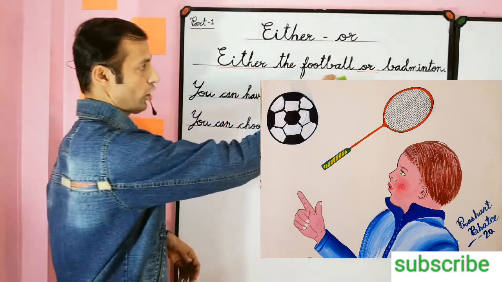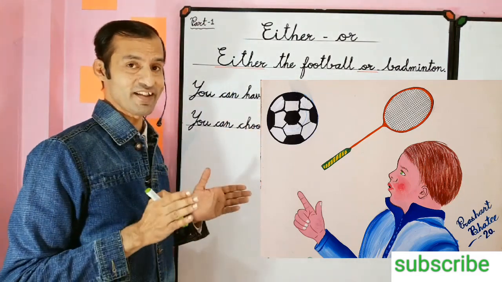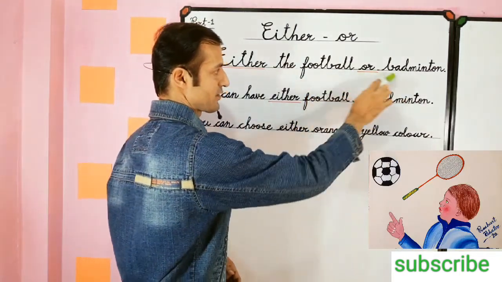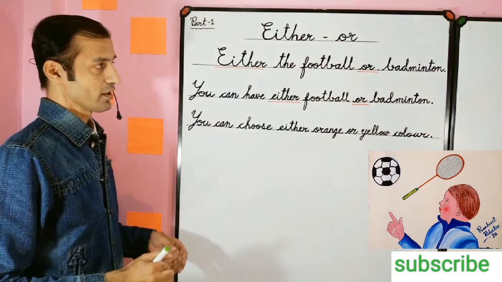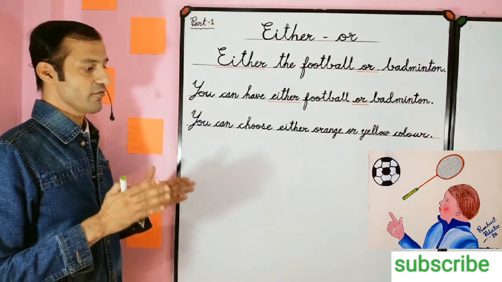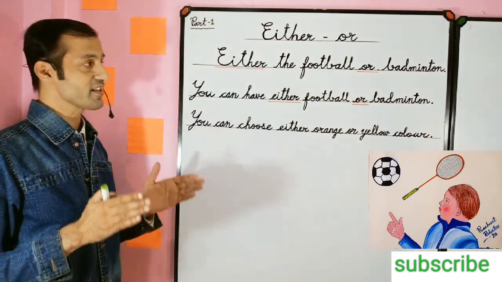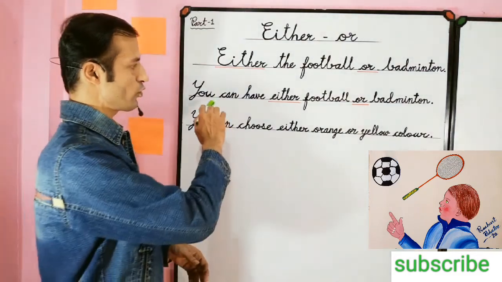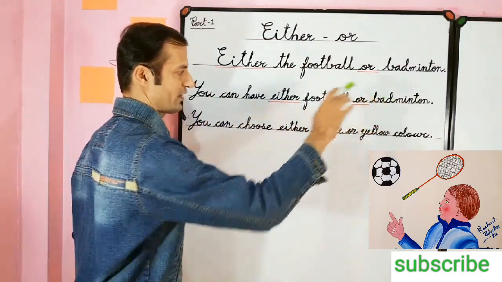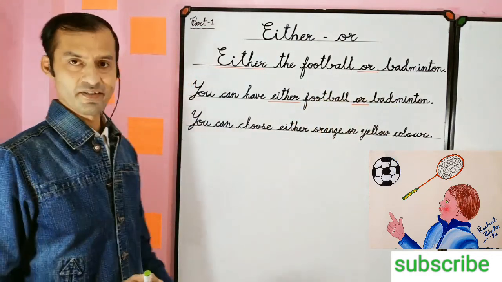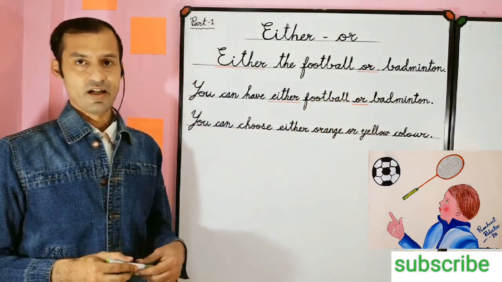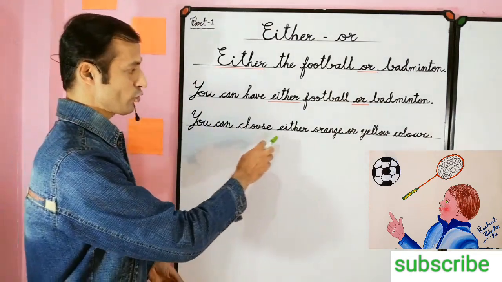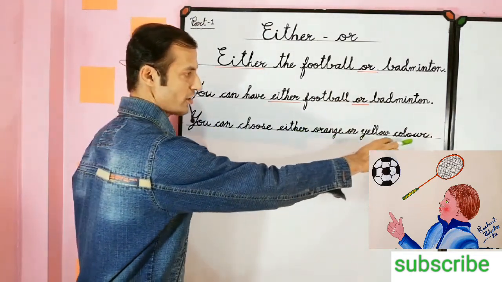So either or is used in this sentence when referring to a choice between two possibilities. We can also say that you can have either football or badminton. And then he agrees. But which color? You can choose either orange or yellow.